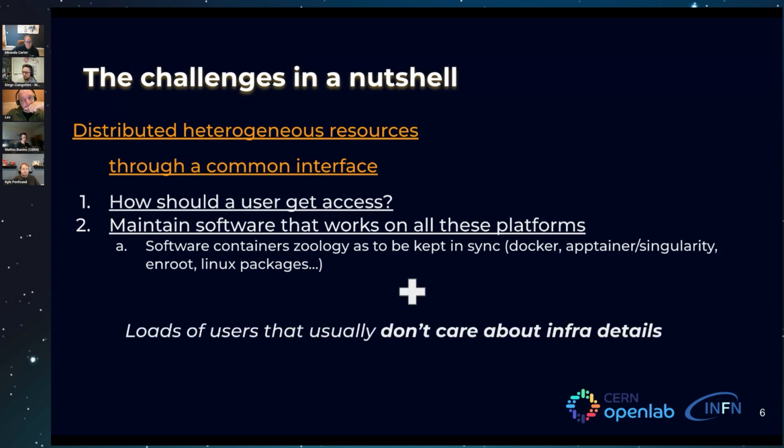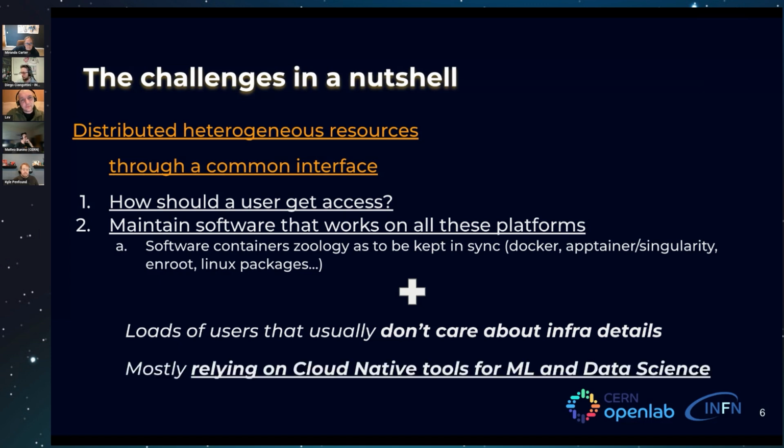So these kinds of challenges are particularly hard to solve in a non-Dagger way, let's say. And on the other side, rightfully, users usually don't care how you do that. They just want to run their things and have them work out of the box.